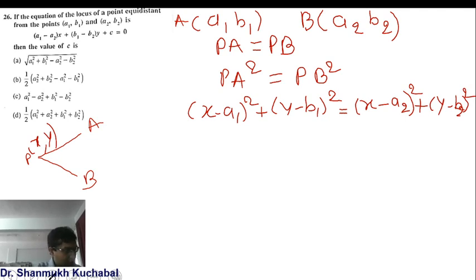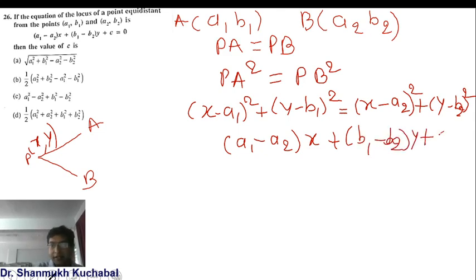On simplification, we get A1 minus A2 into x, plus B1 minus B2 multiplied by y, plus c equal to 0.